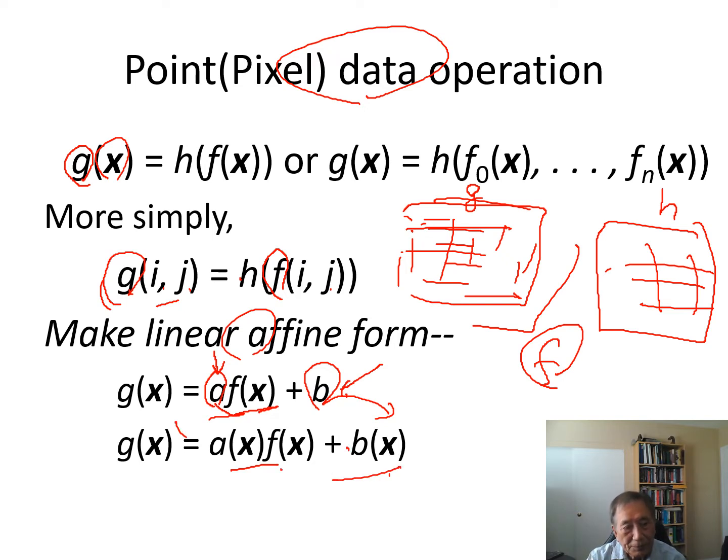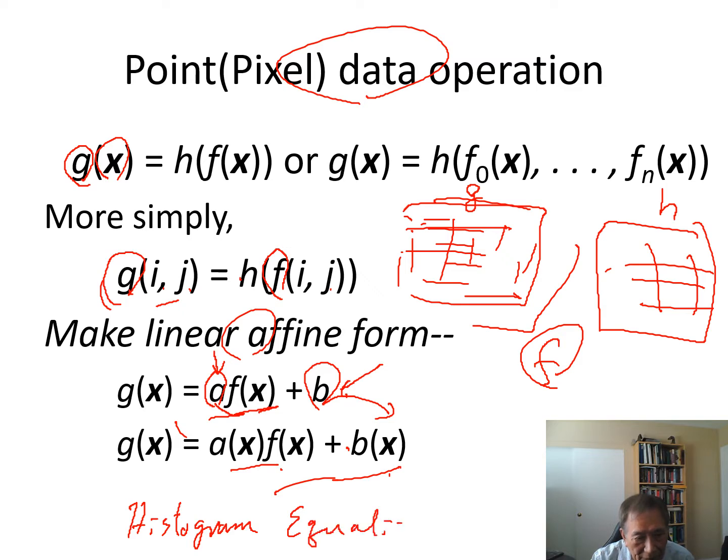So you can make the operation on pixel values more sophisticated. All in all, the histogram equalization that I'm going to tell you about and demonstrate is a good example of this pixel or point data operation.